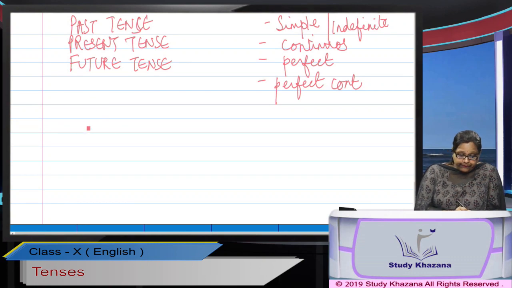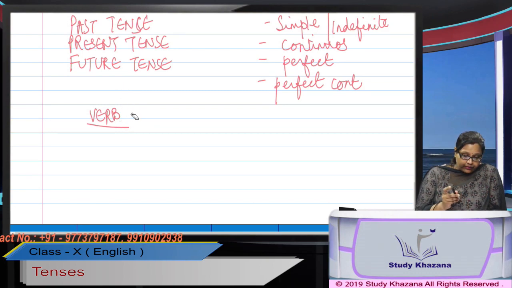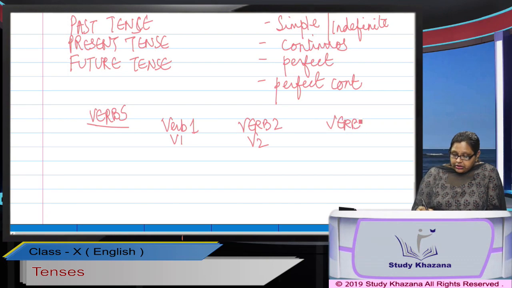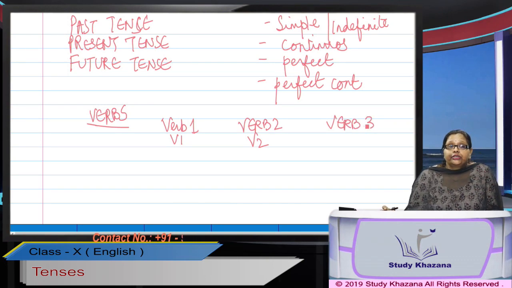Now coming to the verbs, because tenses are used in verbs only. Verbs can be classified into three forms: verb 1, or V1, verb 2, V2, and verb 3, V3. If you search in any grammar book or on any other sites, different teachers use different words for these verbs.